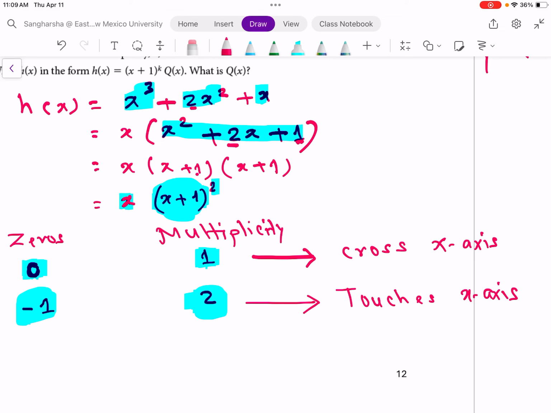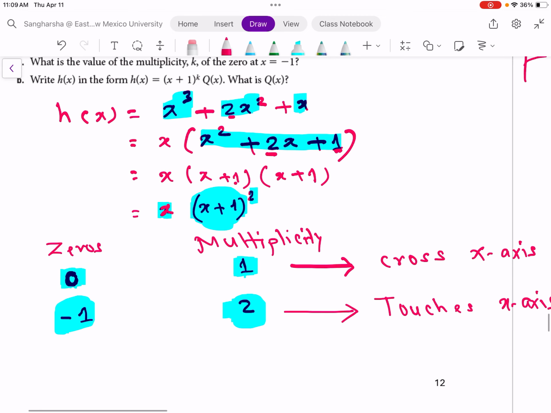So we find the zeros and the multiplicities, and from the multiplicities we can tell whether the graph crosses or touches the x-axis at each zero.